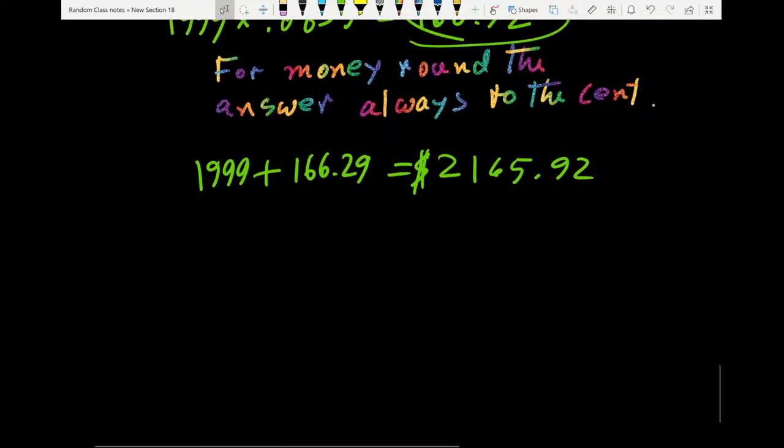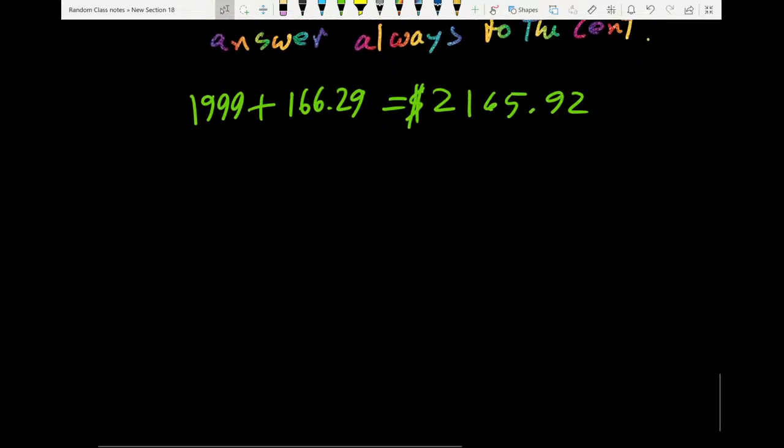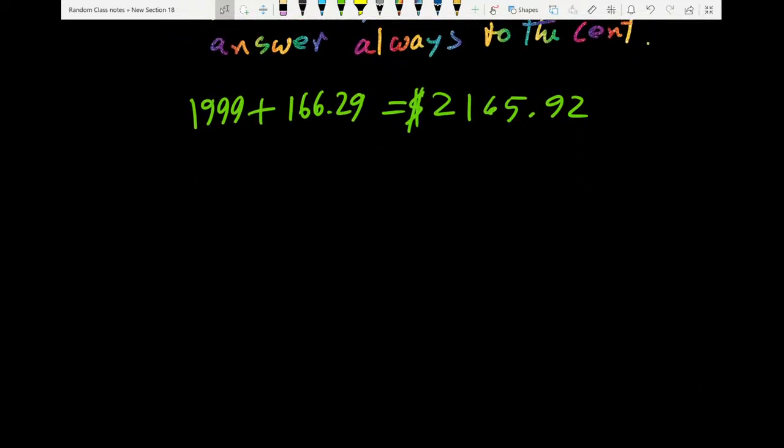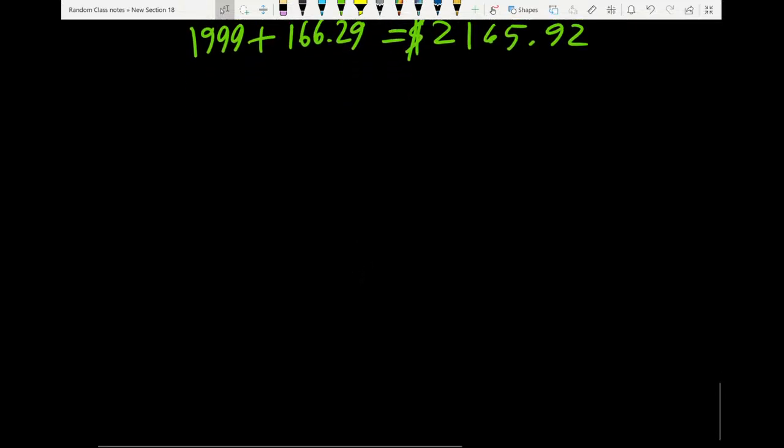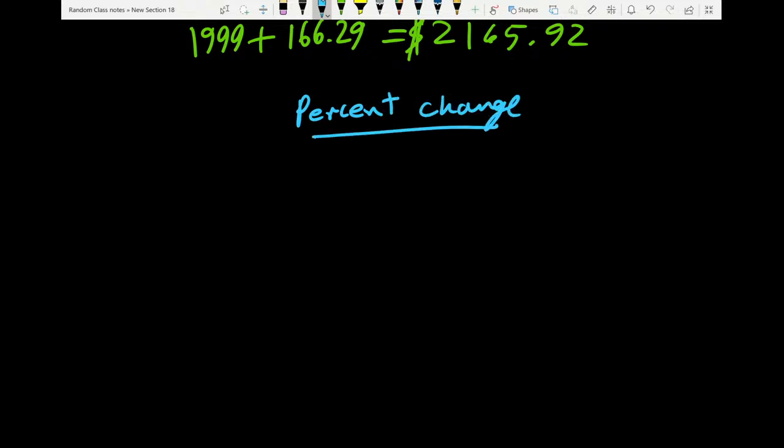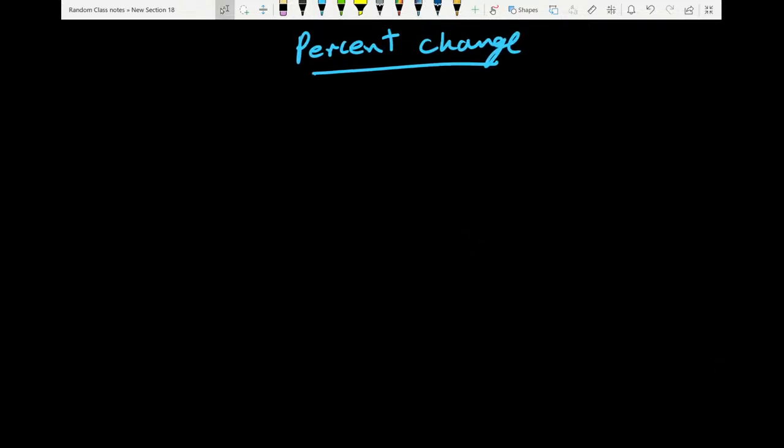Now, you're gonna get questions something like this. Percent change. So you'll get a question like this: what is the percent change? Let's say something costs $10 and now it costs $20.